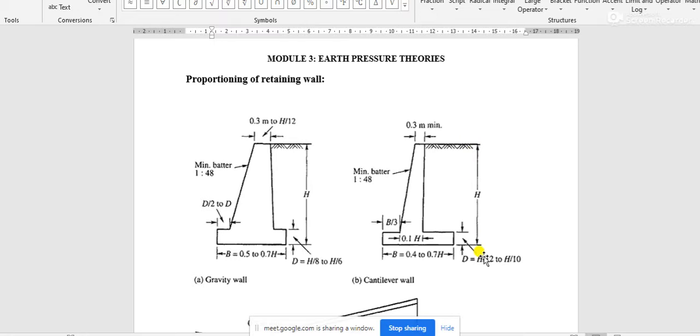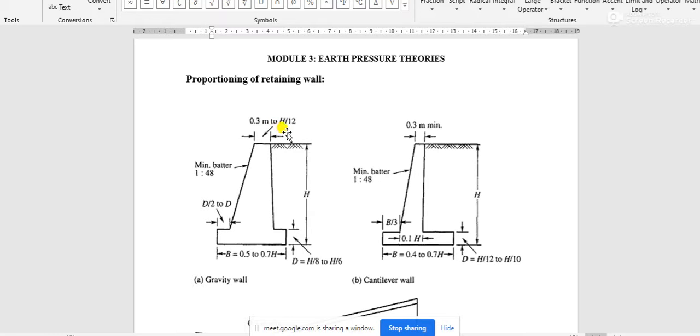In case of gravity retaining wall, the top thickness must be between 0.3 meter and h by 12. Obviously, the condition is that the value of h by 12 is greater than 0.3.